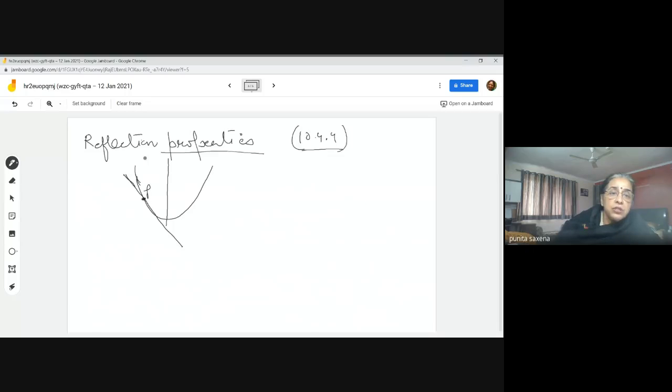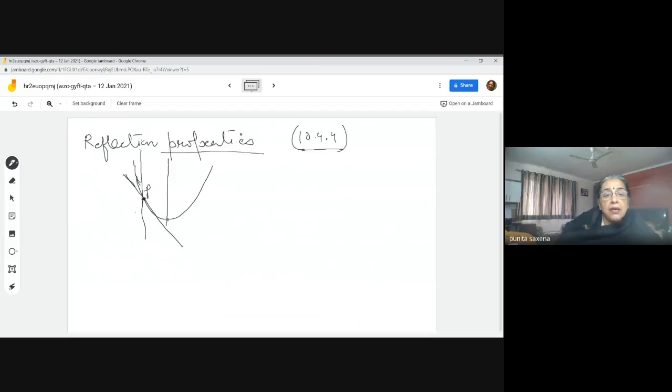Now from this point, you draw a line which is parallel to the axis of the parabola, something like this. Now this tangent line makes some angle with this line passing through the point and parallel to the axis. And this theorem says that the tangent line at a point P on a parabola makes equal angles with the line through P parallel to the axis of symmetry and the line through P and the focus.